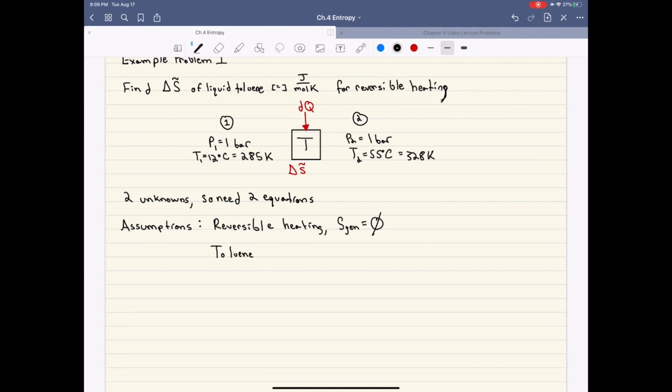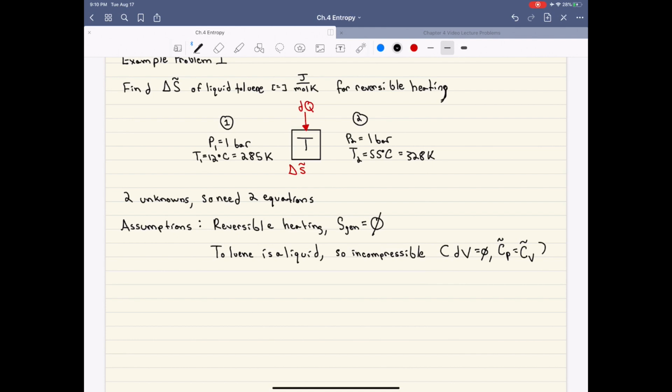We're below the boiling point of toluene. Because it's a liquid, we're going to assume it's incompressible, which means there are no changes in volume, and the constant pressure heat capacity is equal to the constant volume heat capacity. We know for liquids and solids that Cp is equal to Cv. These are the assumptions we're going to use.